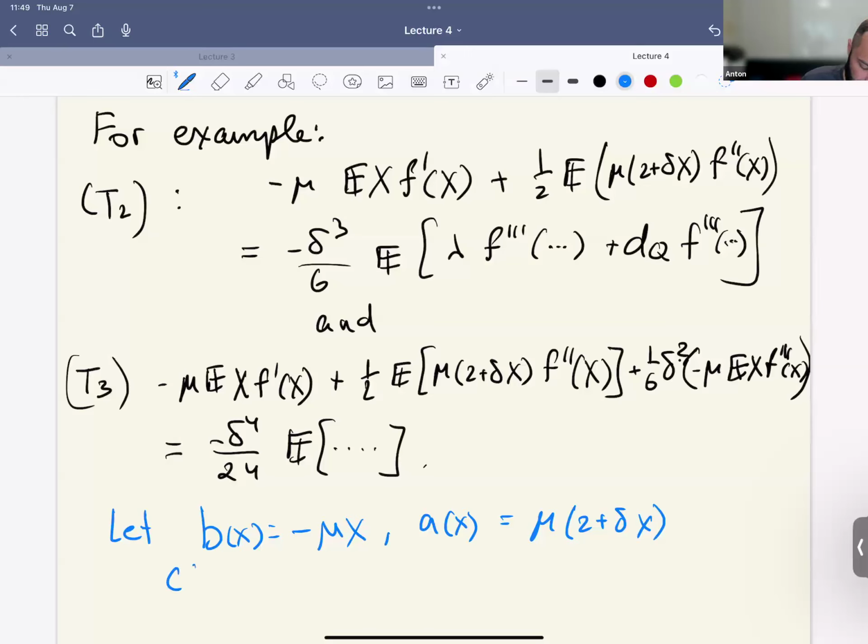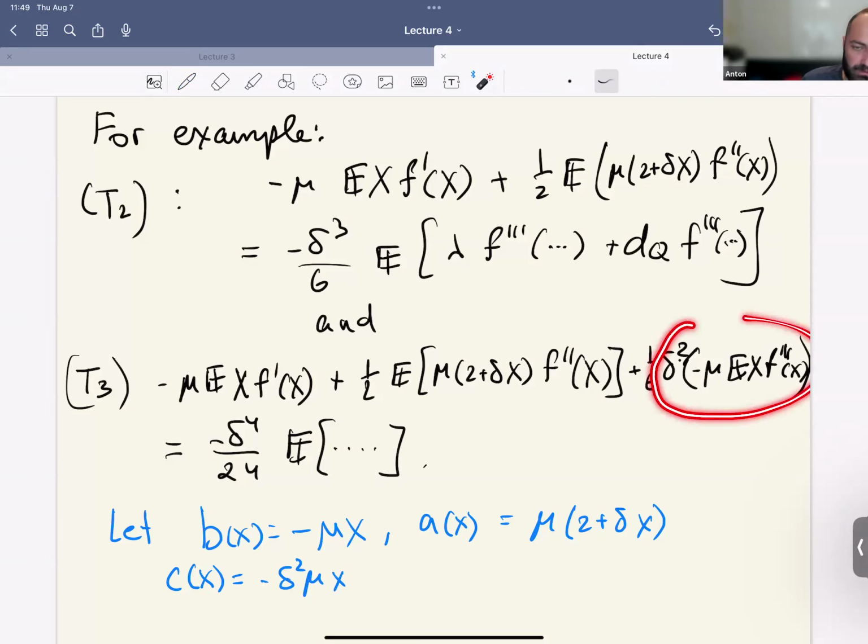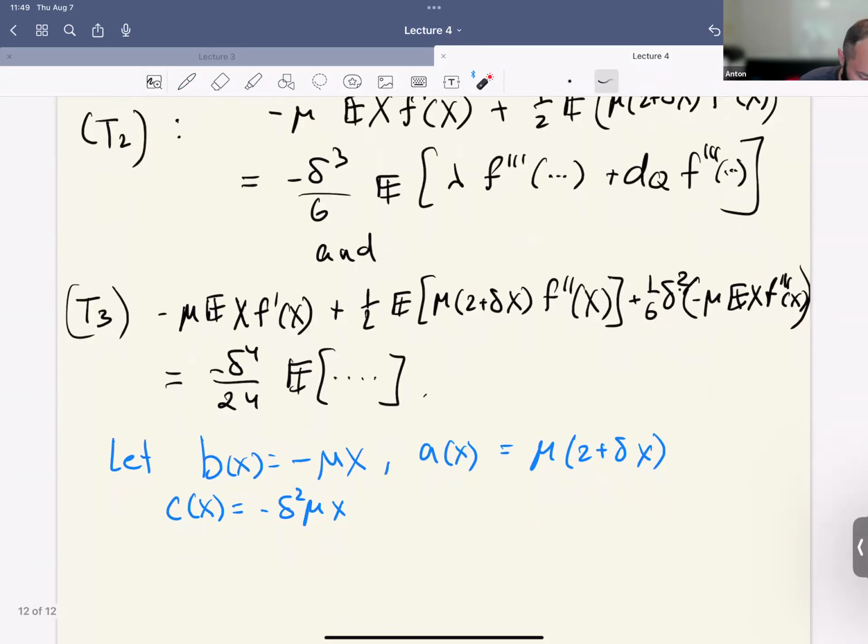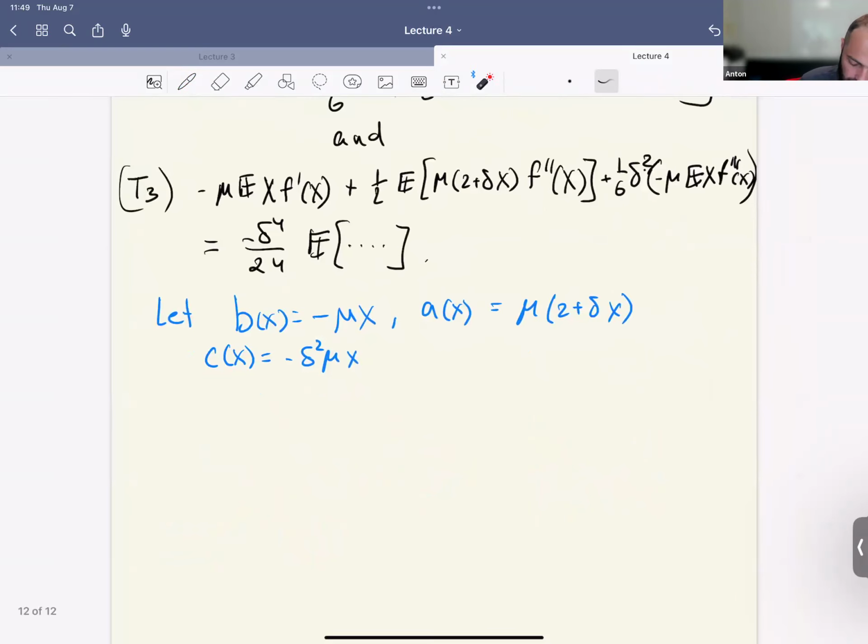And then c of x is negative delta squared mu x. And this is the term appearing in front of the f triple prime. So in this regard, we can do c of x, d of x, e of x, f of x, right? So all of the coefficients in front of the higher order terms. We only need to work with a, b, and c.